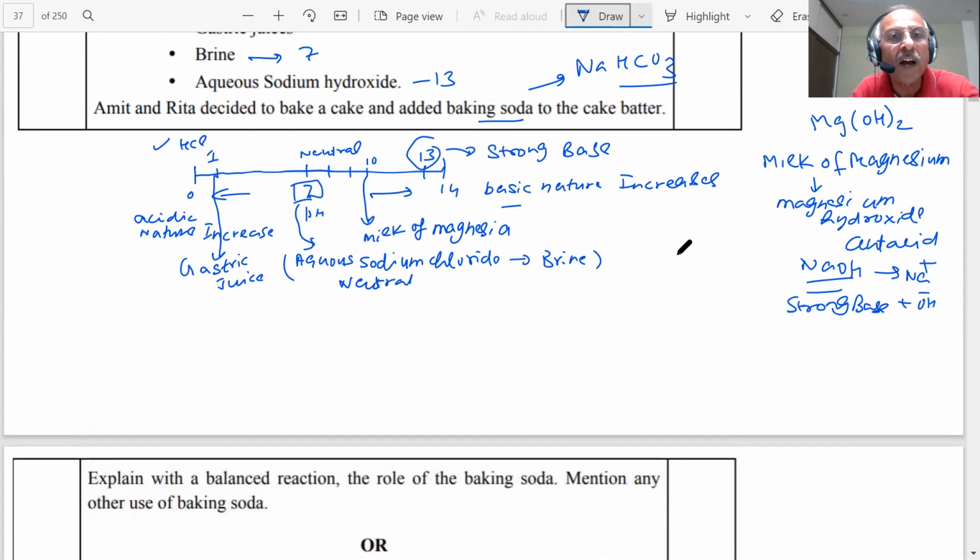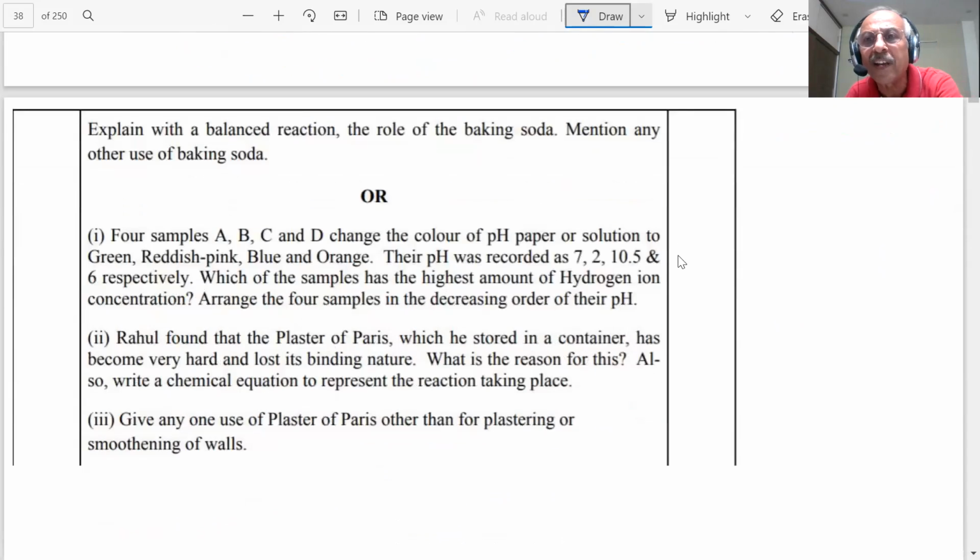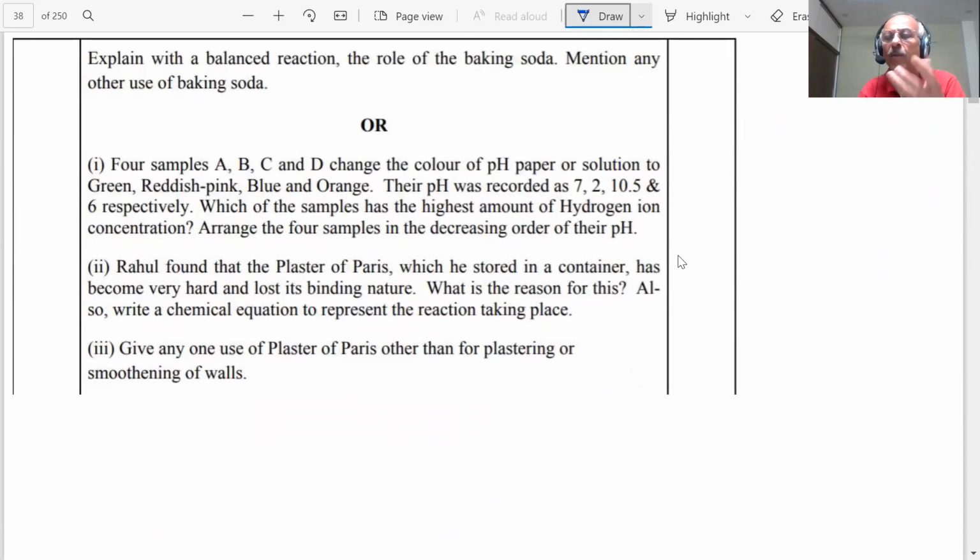He says Anita and Rita decided to bake a cake, student, and it is used to make a cake batter. What do you do in the cake, student? In a cake, you will put sodium hydrogen carbonate in the batter and heat it. When you heat it, what reaction will take place, student?